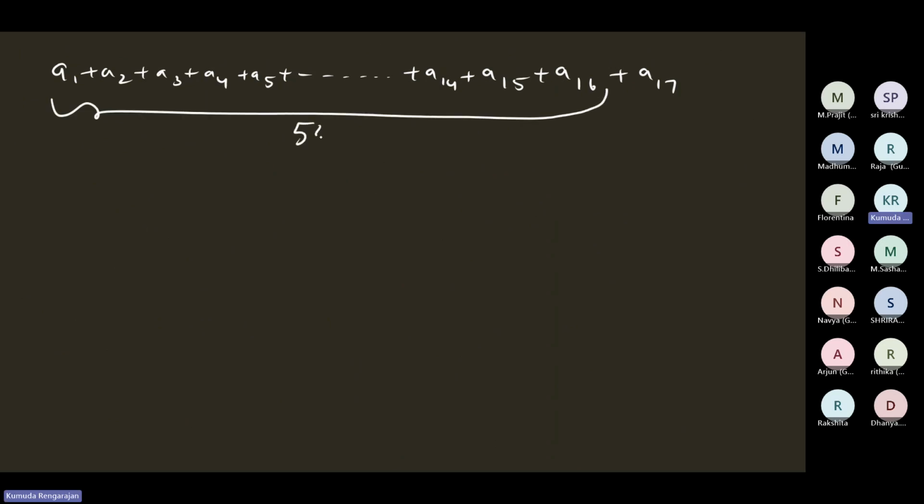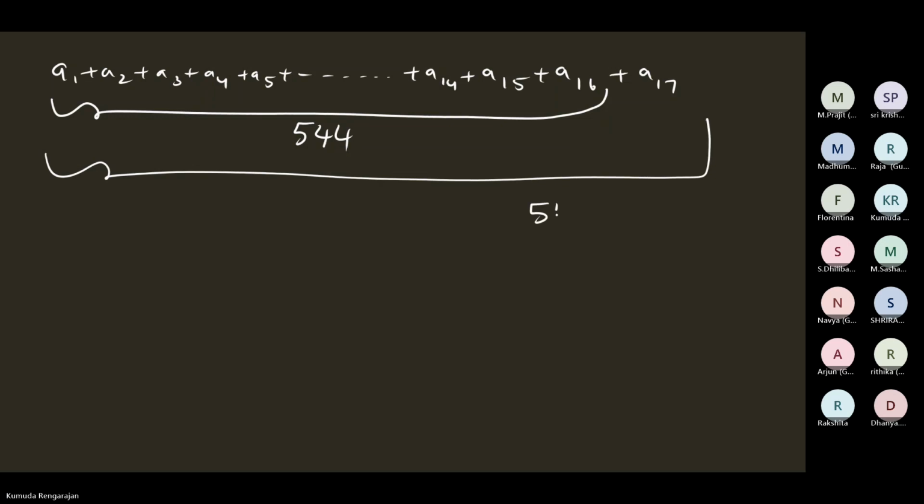We also have S17, from here to here, and this is 544 too. So these two situations are possible. The sum of the first 16 terms is 544. When you add one more term, the sum remains the same. That means the value here is 0. The 17th term is 0.